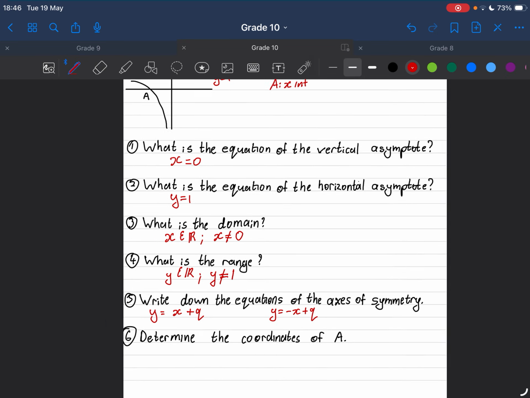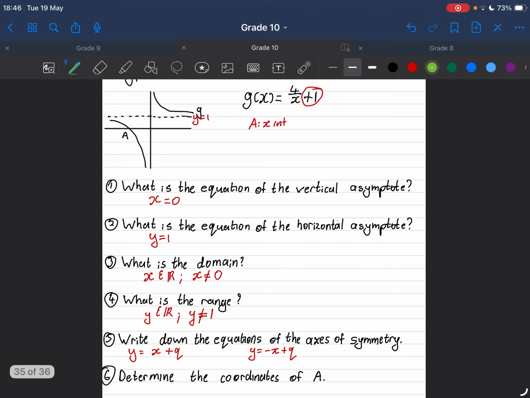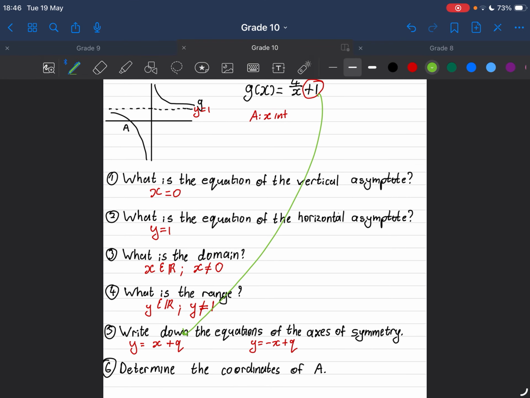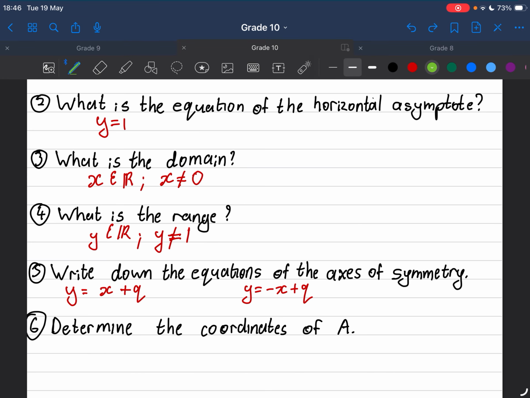All you need to do is take that value for q and put it in there and you are done. So this is y is equal to x plus 1 and y is equal to negative x plus 1. And those are the equations for the axes of symmetry.